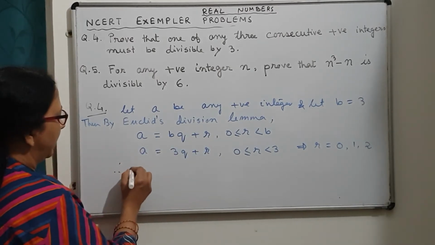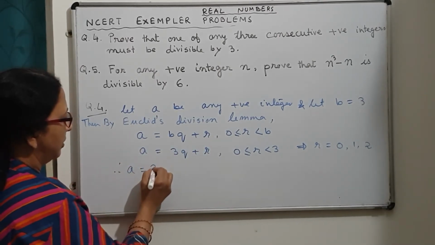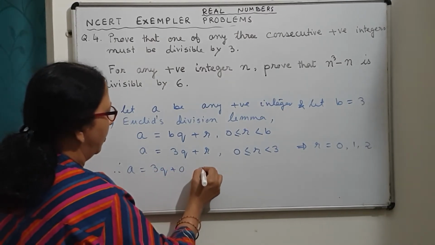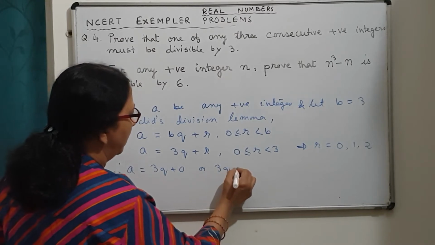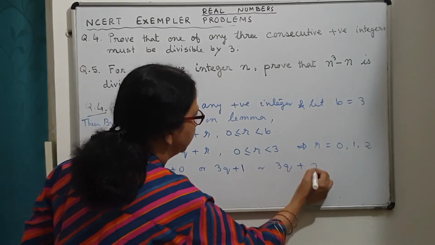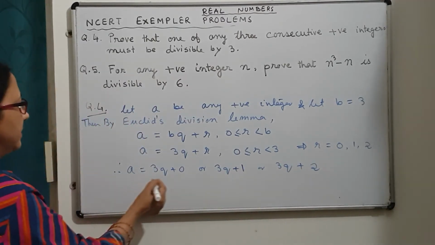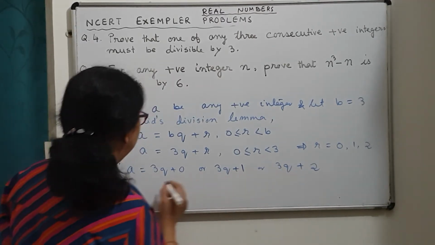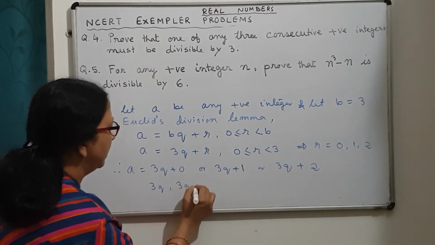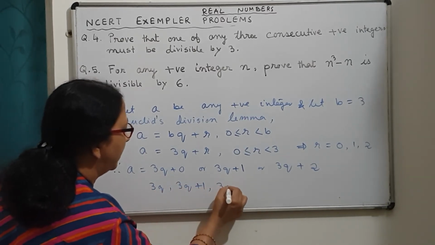So therefore a can be either 3q plus 0, or 3q plus 1, or 3q plus 2. That means the three possible numbers are 3q, 3q plus 1 or 3q plus 2.